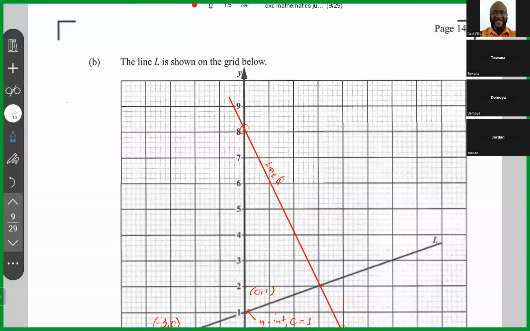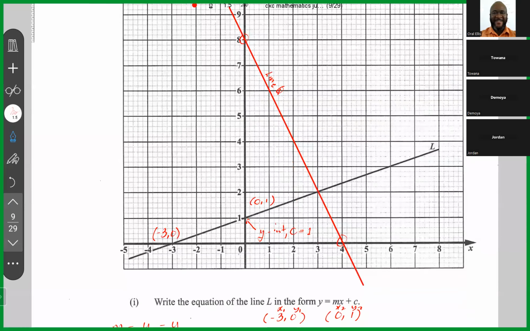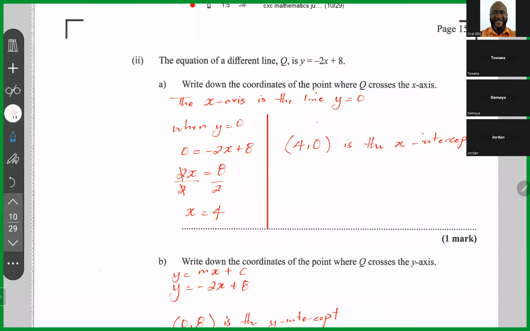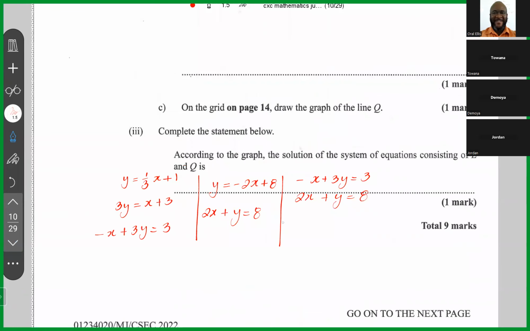So these two graphs intersect at this point here, where x is 3 and y is 2. So the solution of the system of equations consisting of L and Q is x is equal to 3 and y is equal to 2.